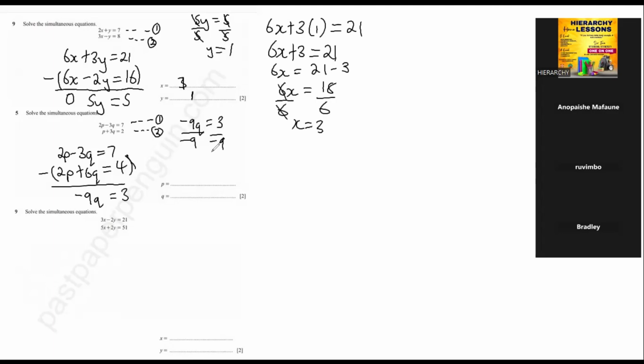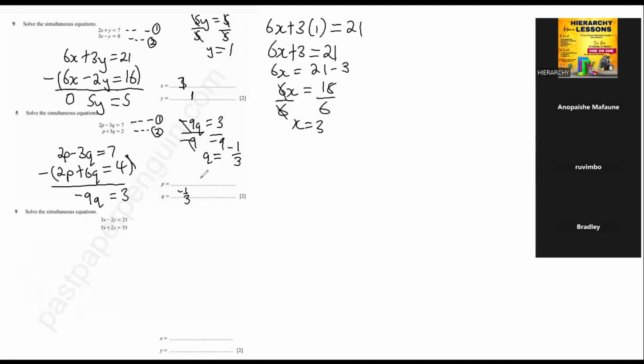Okay. And then so what is q now? q is equal to minus 3 over 9. Okay, so if we reduce that one, it becomes what? Minus 1 over 3, right? Yes.